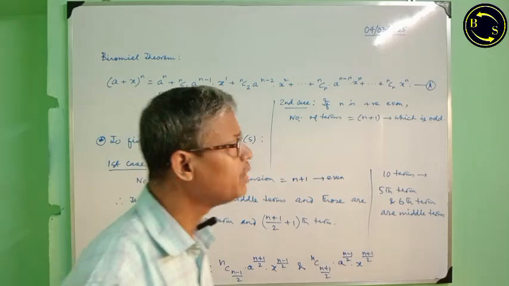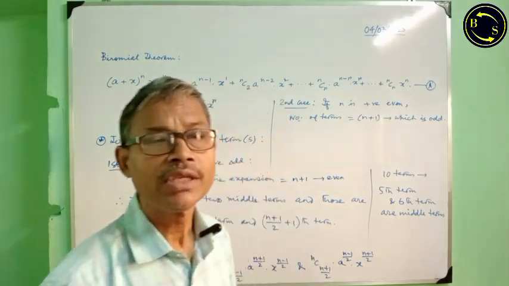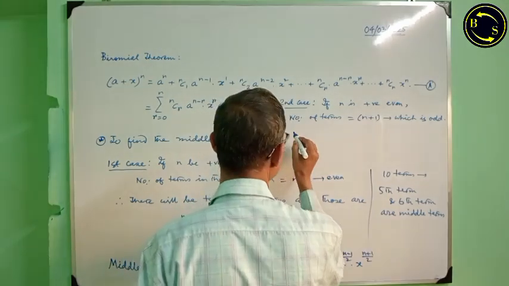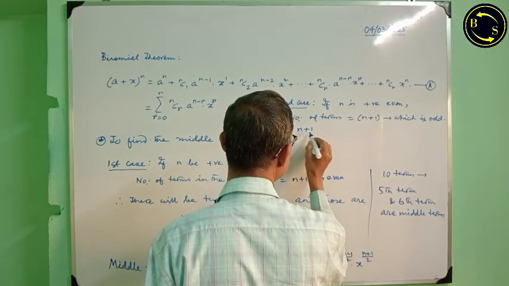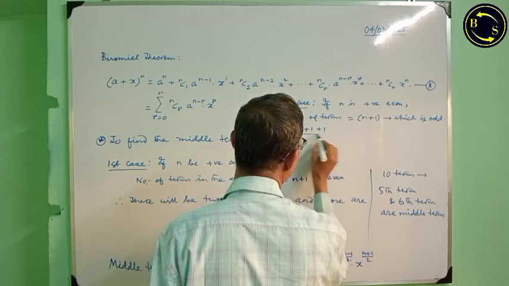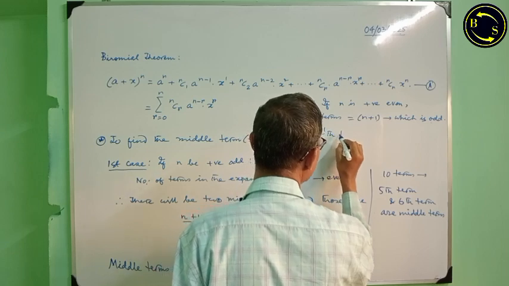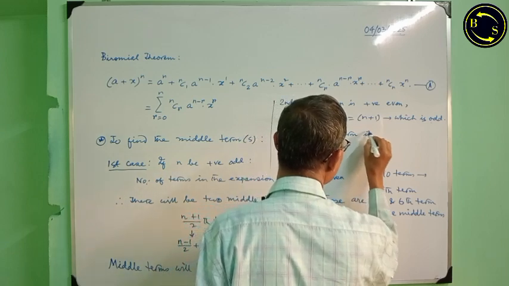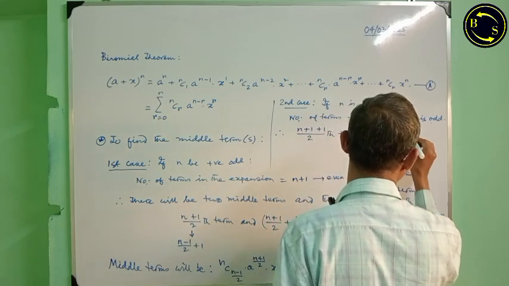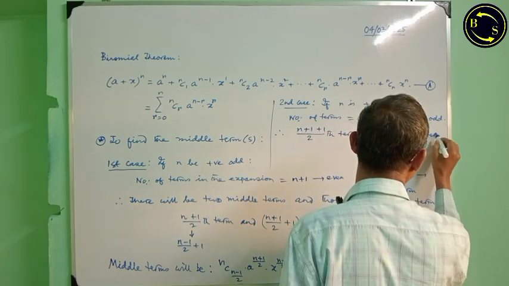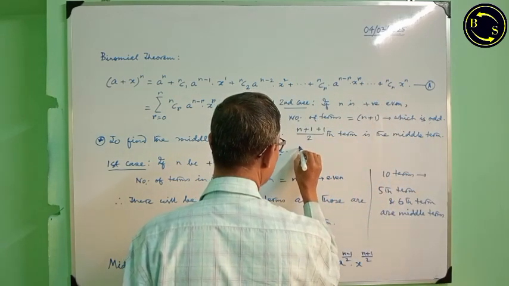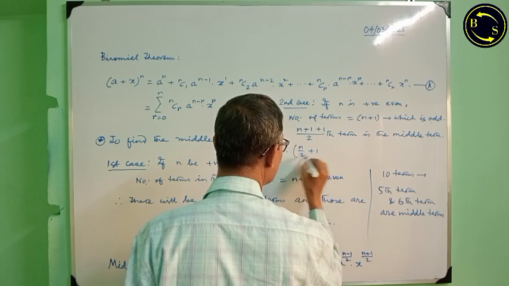If the number of terms be odd, then there will be one middle term, single middle term. Therefore, (n plus 1 plus 1)/2 th term is the middle term. That is n by 2 plus 1 th term.